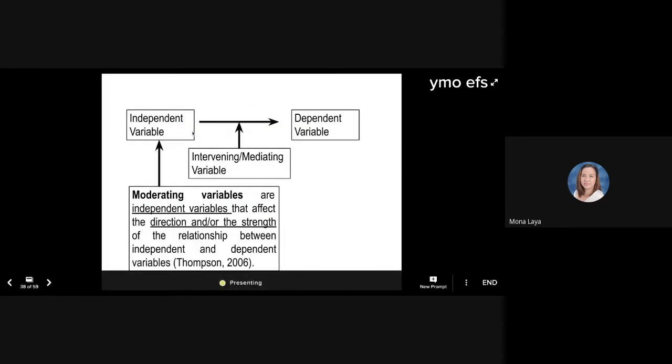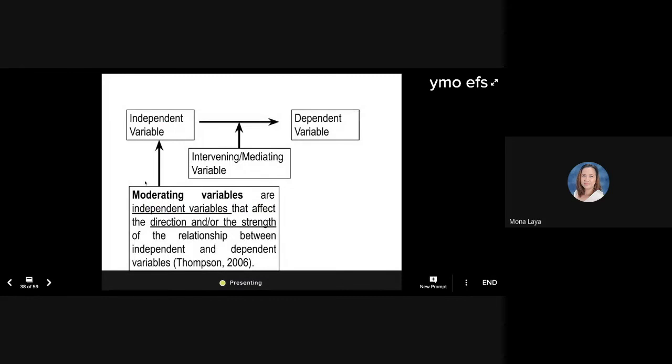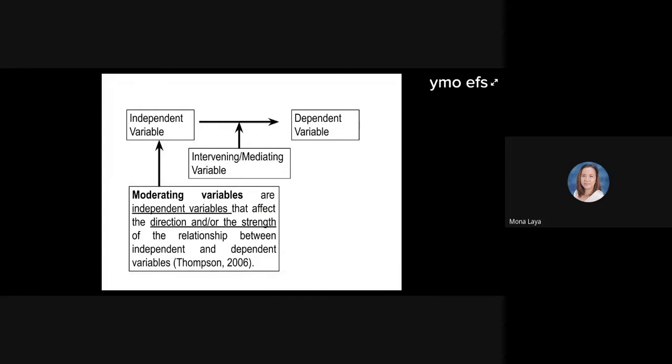So, itong dalawa. But the moderating variable explains the strength and direction of the relationship. The strength and direction of the relationship of the IV to the DV. Kasi yung strength of direction of the relationship, yung mga positive, negative na, ganyan. Okay? So, yun yung difference ni moderating tsaka ni mediating.